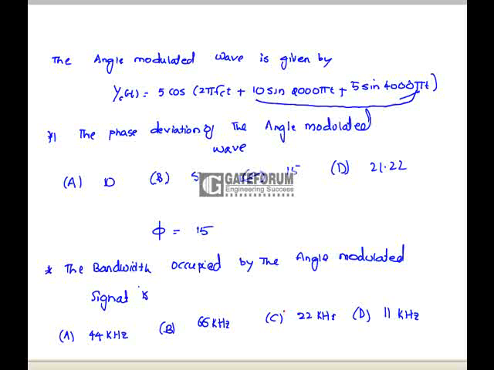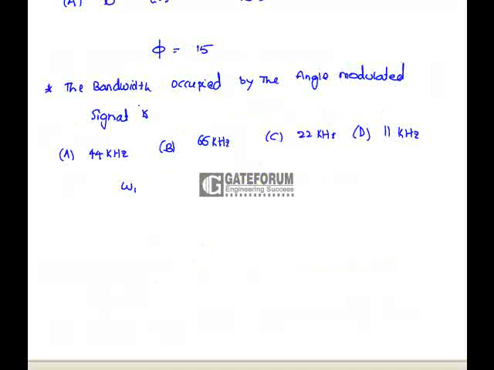The bandwidth occupied by the angle modulated signal is, see, omega i is nothing but omega c plus delta f. So delta f max is equal to omega i max minus omega c.